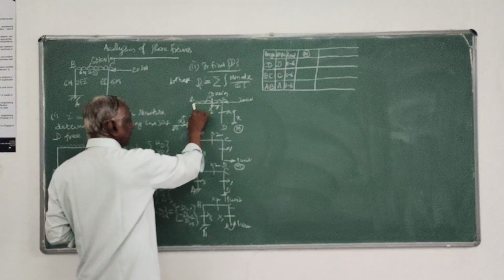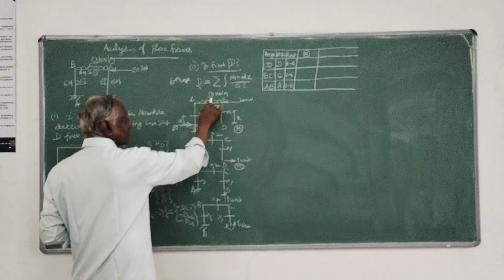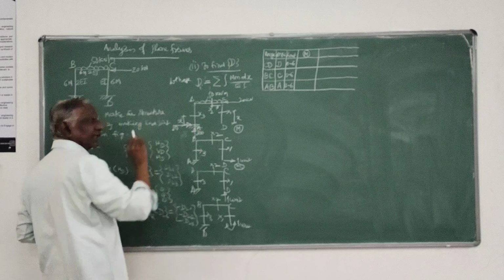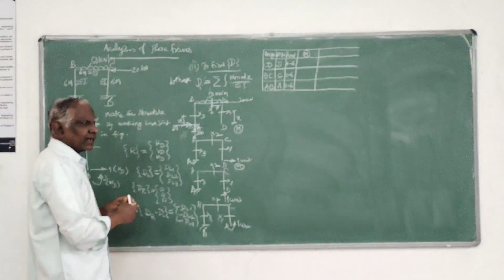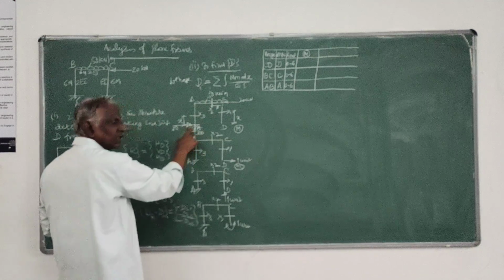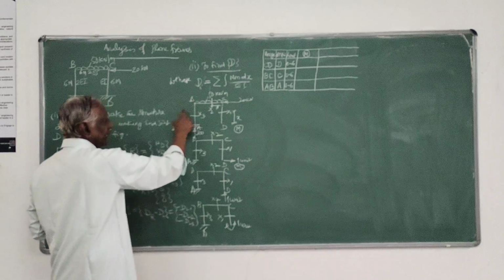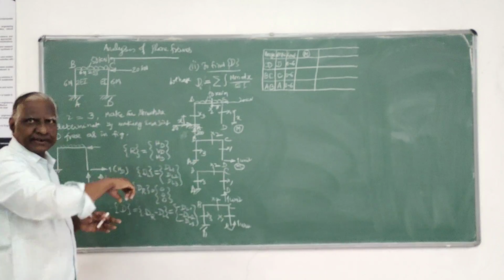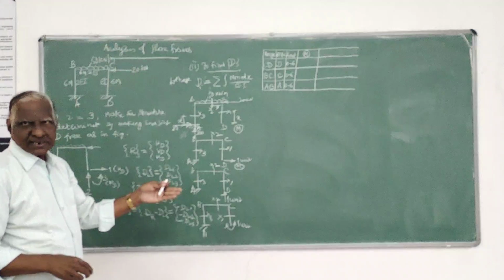Then the moment, because it is a support, I have to find the support reactions first. So I will get a moment due to this load, 50 into 6, 300, into 3, that is 900, in the clockwise direction. In addition to that, this load also will give a moment here, that is 20 into 6, 120, in the anti-clockwise direction.